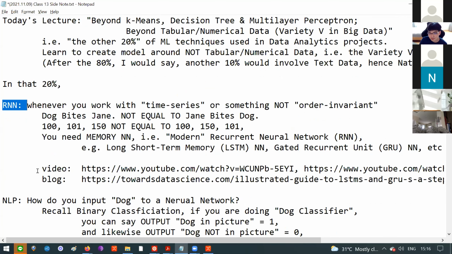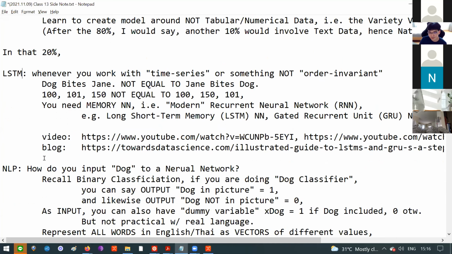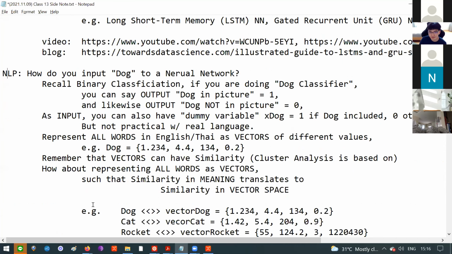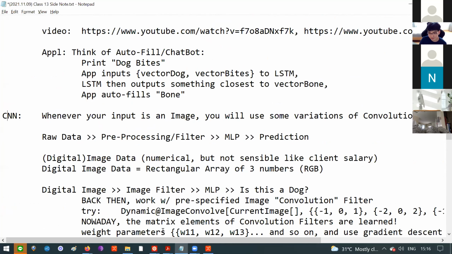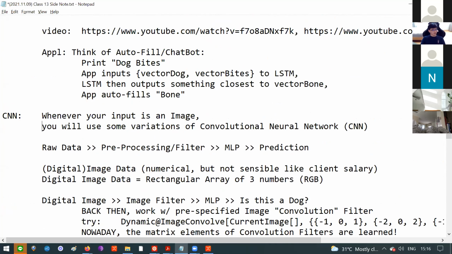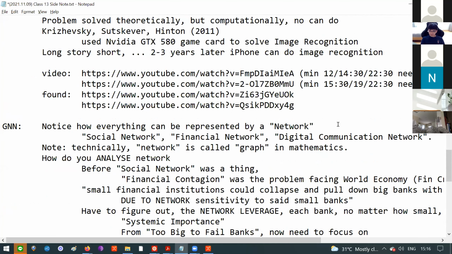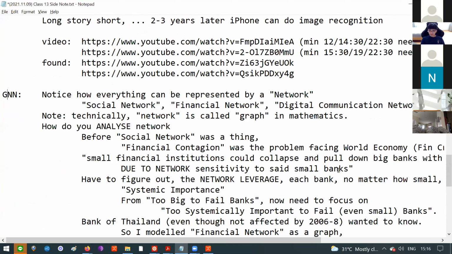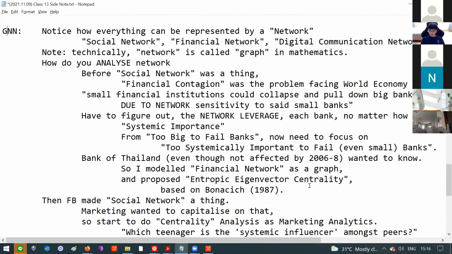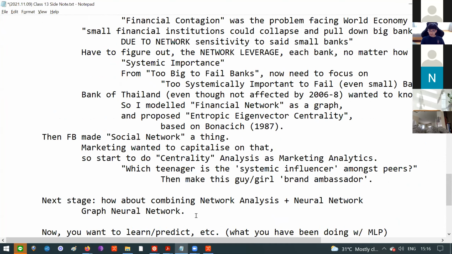So now what's beyond all this? Well, these guys: RNN, in particular LSTM, natural language processing, convolutional neural network, and graph neural network, GNN.